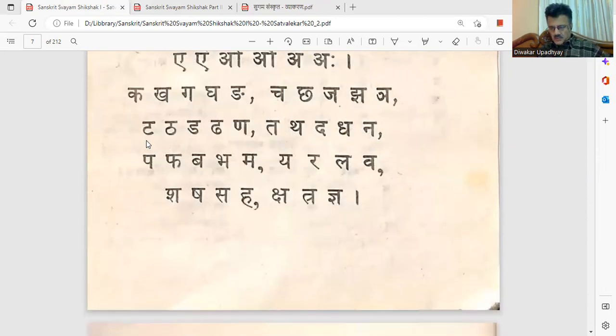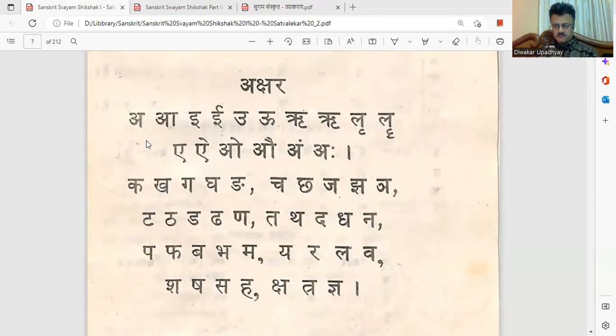Then we have other letters like Ka, Kha, Ga, Gha, Nga, Cha, Chha, Ja, Jha, Ya, Ta, Tha, Da, Dha, Na, Ta, Tha, Da, Dha, Na, Pa, Pha, Ba, Bha, Ma, Ya, Ra, La, Va, Sha, Shha, Sa, Ha, Ksha, Tra, Gya.